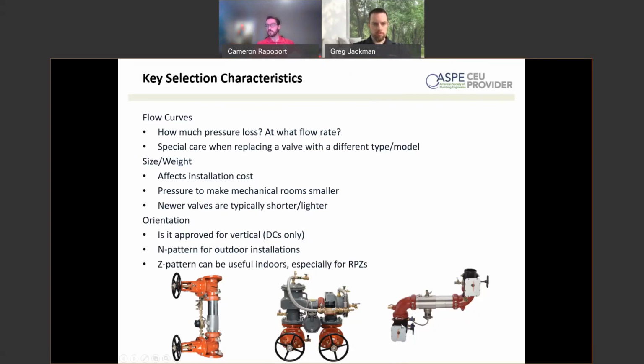They can also help maybe with some repiping considerations if you're going from a vertical double check to an RPZ, because you at least still have the inlet vertical and the outlet vertical, but you do have to shift over a little bit. So I'd recommend taking a look at those N patterns for outdoor installations and potentially looking at those Z patterns for the indoor ones.